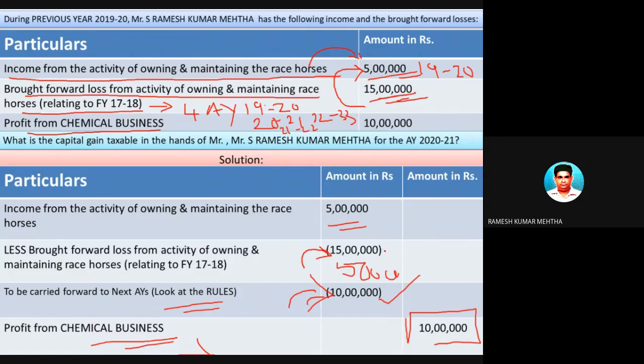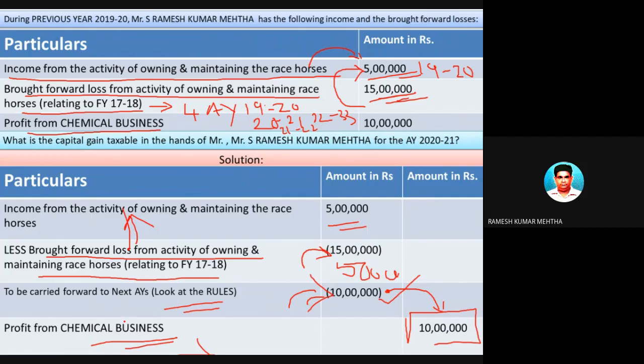Now a question arises, sir, why don't we set off this loss of 10 lakh rupees from the activity of owning and maintaining of horses against the chemical business? As already told, the loss from the activity of maintaining of horses must be set off against profits or incomes from the activity of owning and maintaining of horses only.